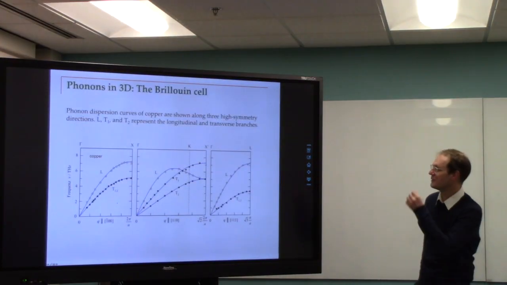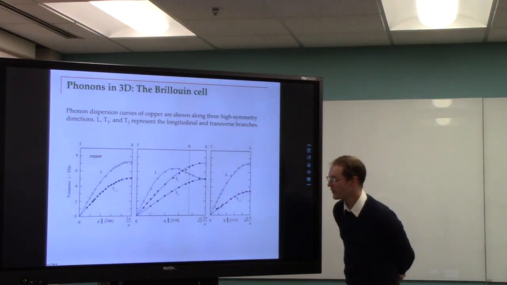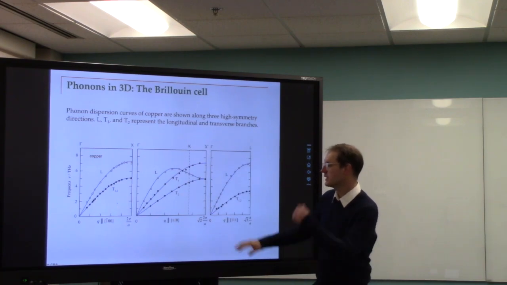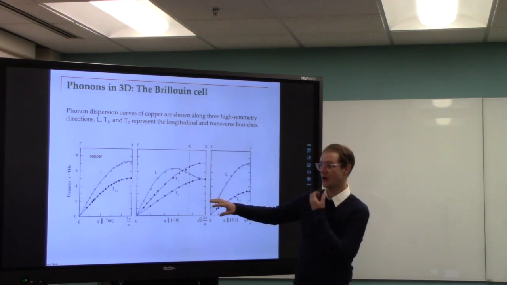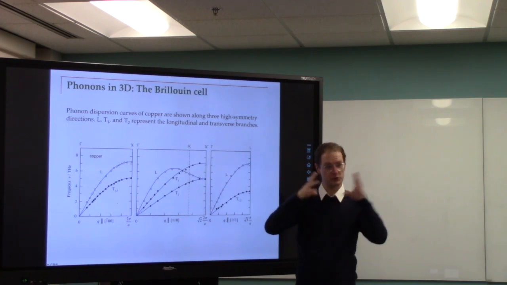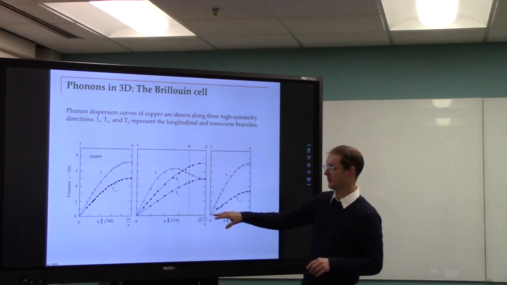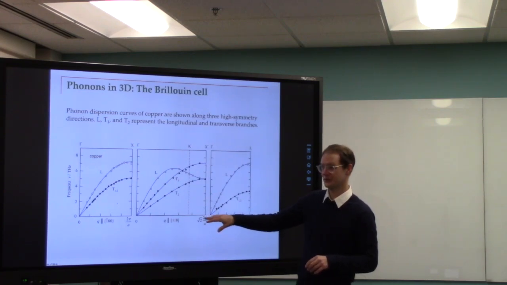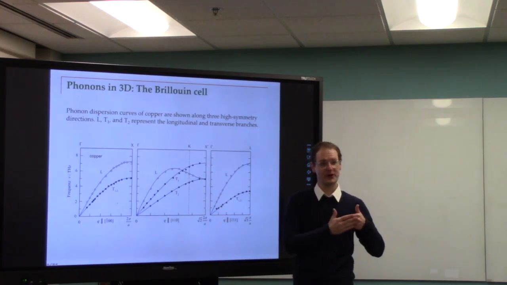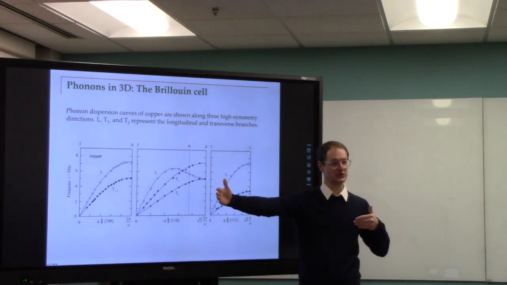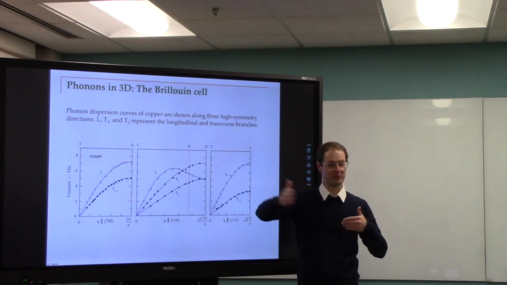But when people do phonon calculations, typically the way the results are displayed so that you can visualize them more easily is to look at cuts of the dispersion relation through high-symmetry directions of phonon propagation.